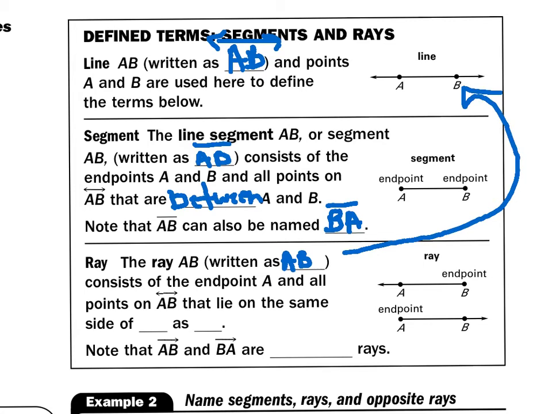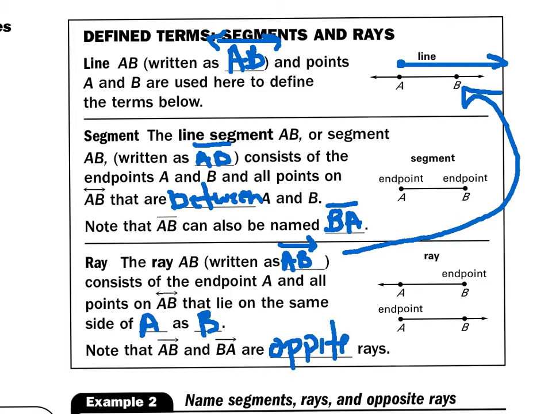So the ray AB, so this side, consists of the endpoint A and all the points on AB that lie on the same side of A as B does.